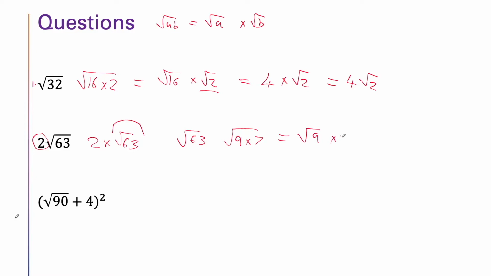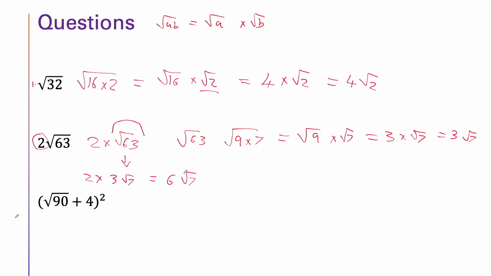Root 9 times root 7. Root 9 is just 3 times root 7. So 3 root 7. But that's not the final answer, because remember we said 2 times root 63. We found root 63. Root 63 is 3 root 7. So 2 times 3 root 7. 2 times 3 root 7 is just 6 root 7.